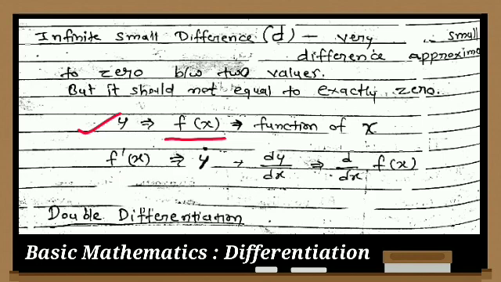We have discussed this in the topic of function. y equals f(x), called a function of x, and the differentiation is represented by f dash x, or y dot, or dy by dx, or d upon dx of f of x. Clear? So these are four formats to define differentiation.